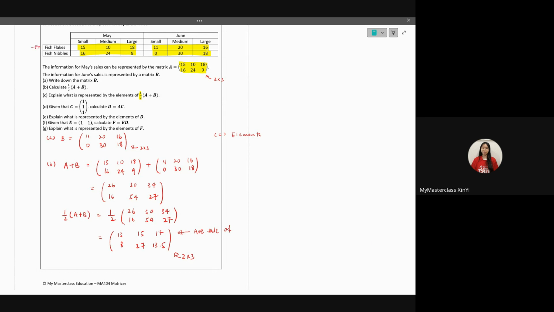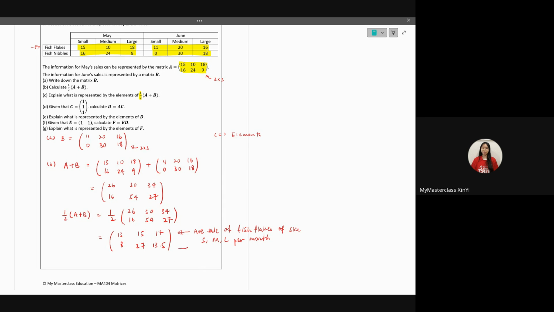So when you divide by 2, this is the average sale of fish flakes. And then it is of size S and L, right? Of size S and L. So, per month. So in the first row, it represents the average sale of fish flakes of size S, M, L per month.